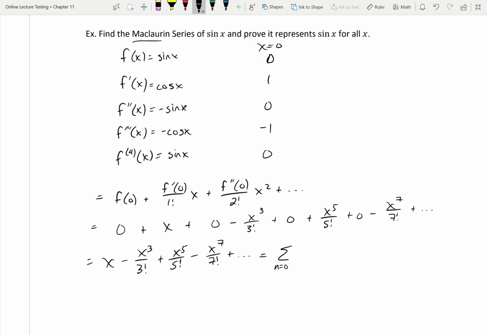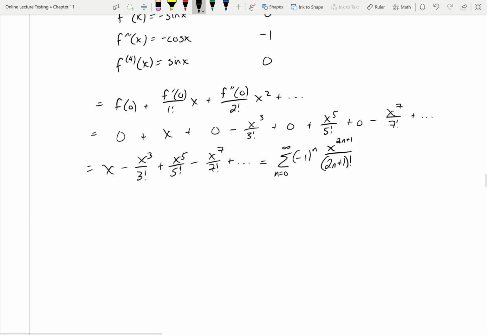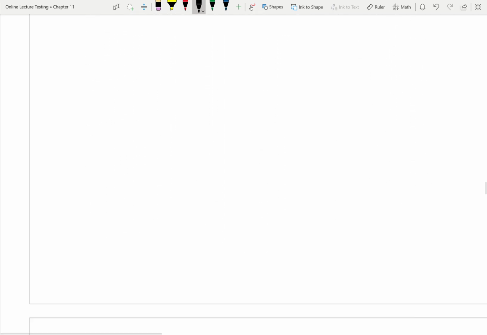Since we know it's alternating, that's negative 1 to the n, so there's our alternating piece, times x to the 2n plus 1 divided by 2n plus 1 factorial. All right, so this is our Maclaurin series. Now we need to show this, so this is where Taylor's inequality is going to come into play.